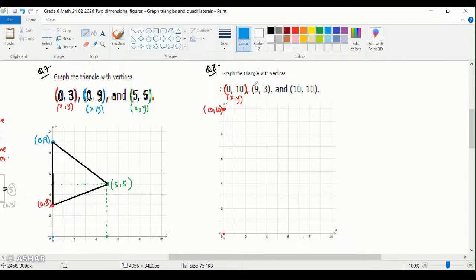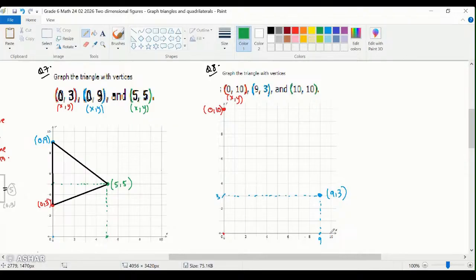9, comma 3. 9, comma 3 means this is 9, this is 3. Agreed? We move on the 3 till we find the 9. This point is 9, comma 3. And for the last point, we can say that is 10, comma 10.